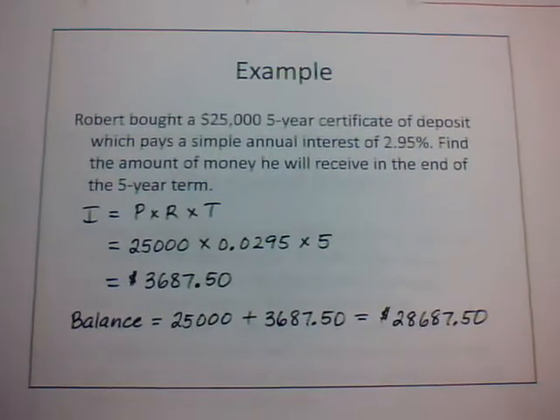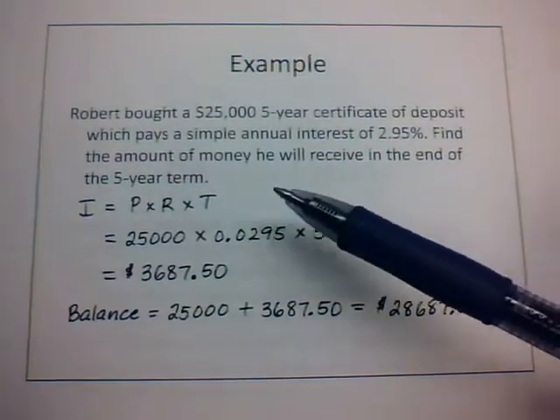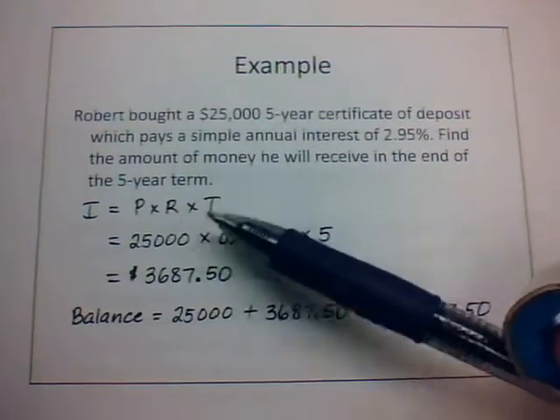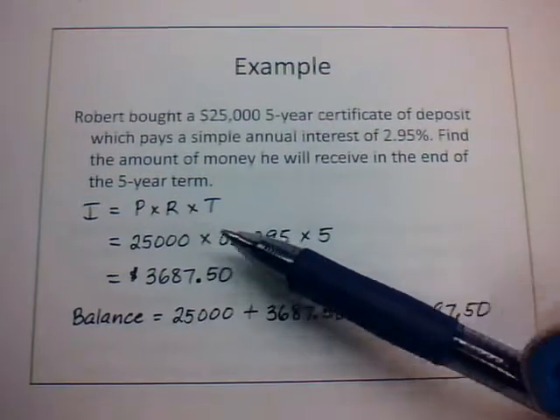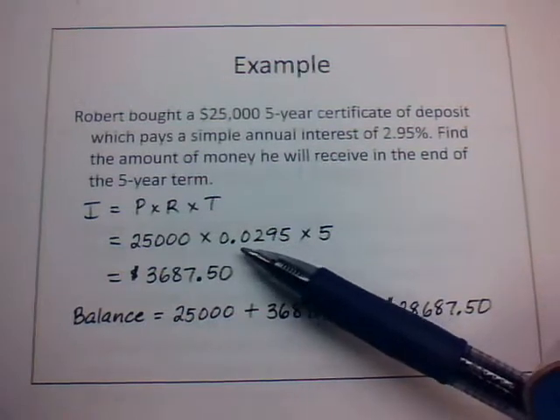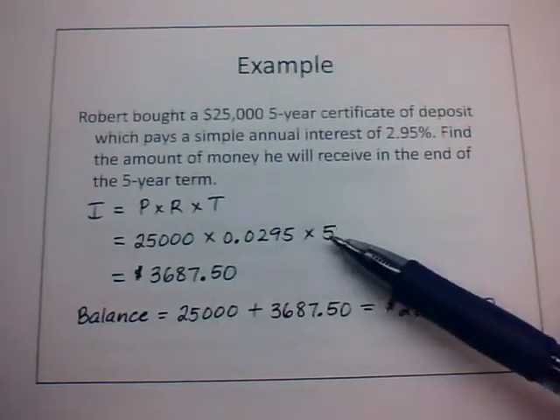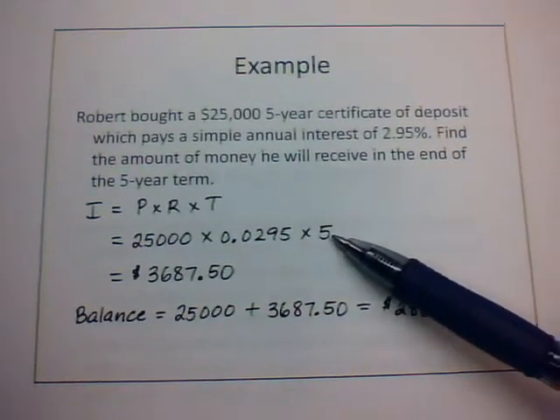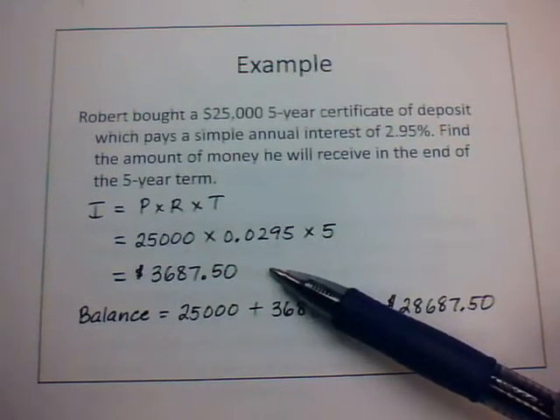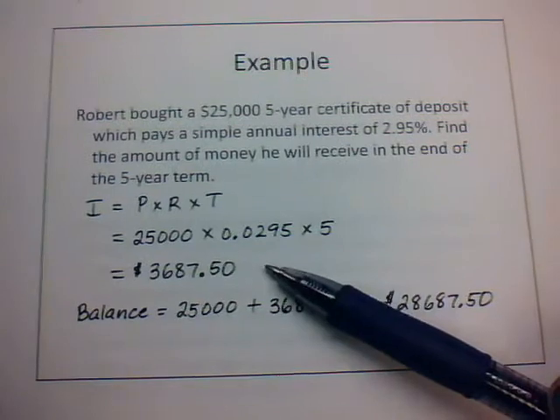In this case, we use the simple interest formula I is equal to P times R times T. The principal is $25,000. The rate is 2.95%. As a decimal, it will be 0.0295 multiplied by 5, and that will give you the interest of $3,687.50.